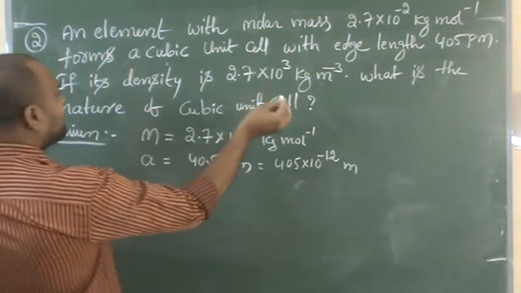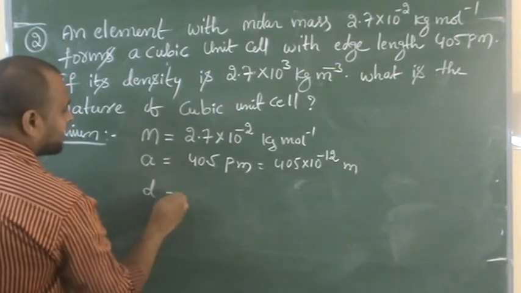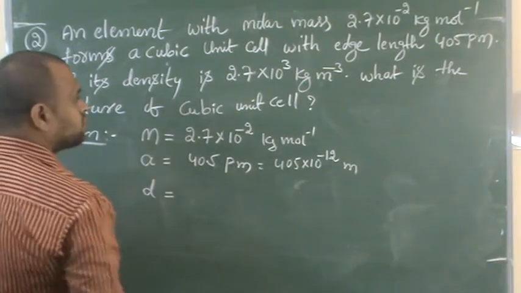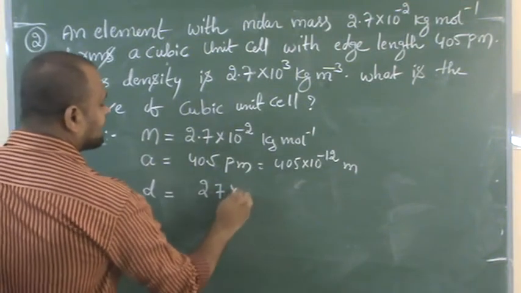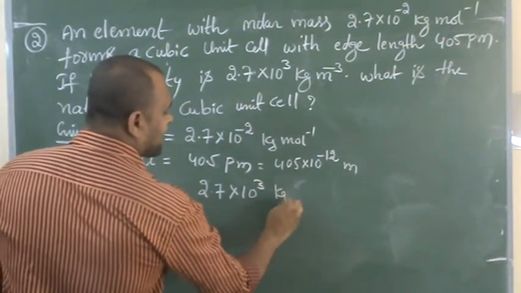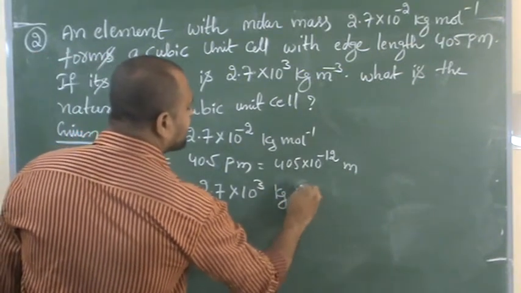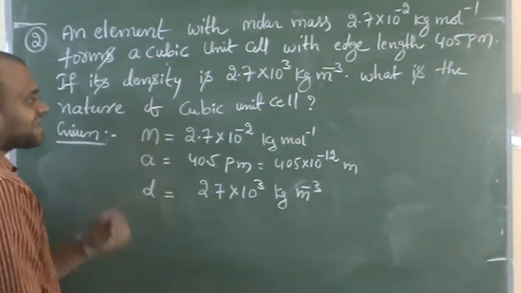Then they have given the density, 2.7 into 10 to the power of 3 kg per meter cube. So these are the things they have given.